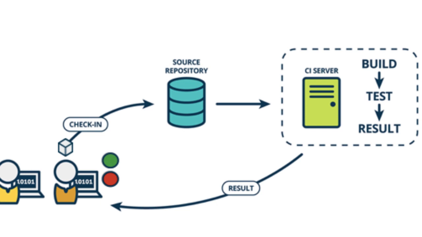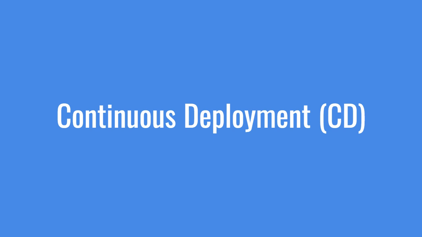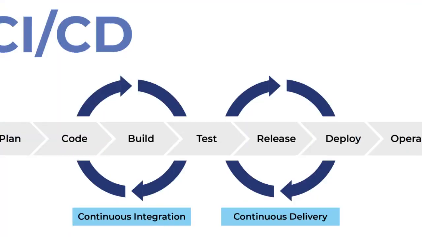Cloud platforms provide a scalable infrastructure to support parallel and concurrent CI processes. CI tools can leverage cloud resources to build, test, and deploy applications as well. Now we can talk about continuous deployment, or CD. CD is an extension of CI that automates the deployment of code changes to the production environment after passing the necessary tests.